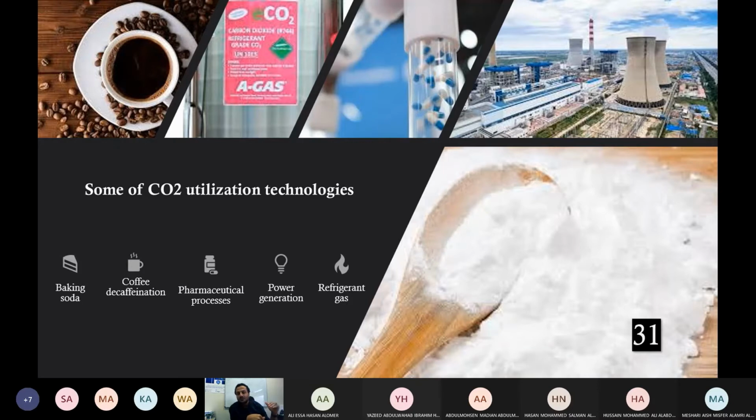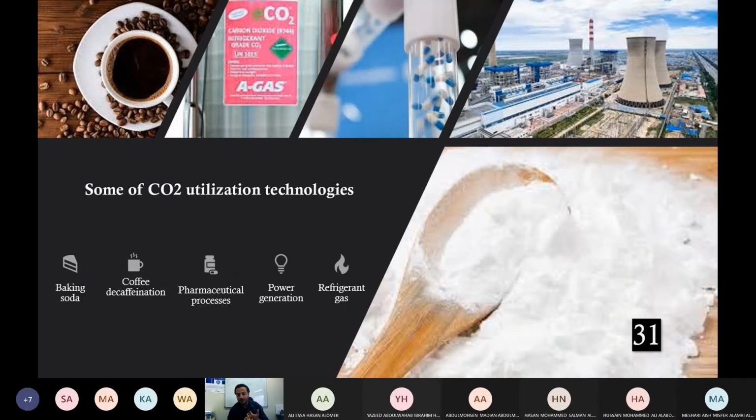So they can inject some carbon dioxide to enhance the oil recovery, to have the oil go up. This is one of the uses. Second use, we can do sequestration. We can capture this carbon dioxide and put it underground in an empty oil well. We have different locations in the world where we can inject this carbon dioxide underground, and it reacts with rocks and creates some crystalline structure. At the end we can get rid of this carbon dioxide.